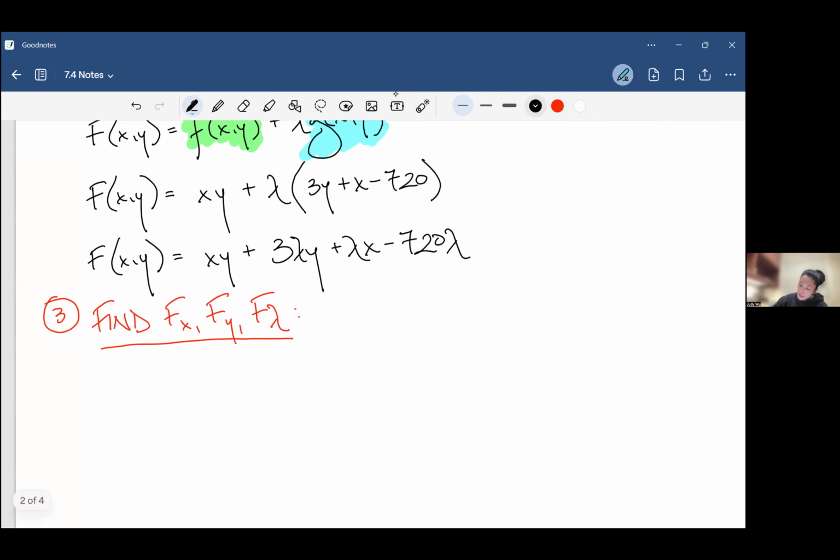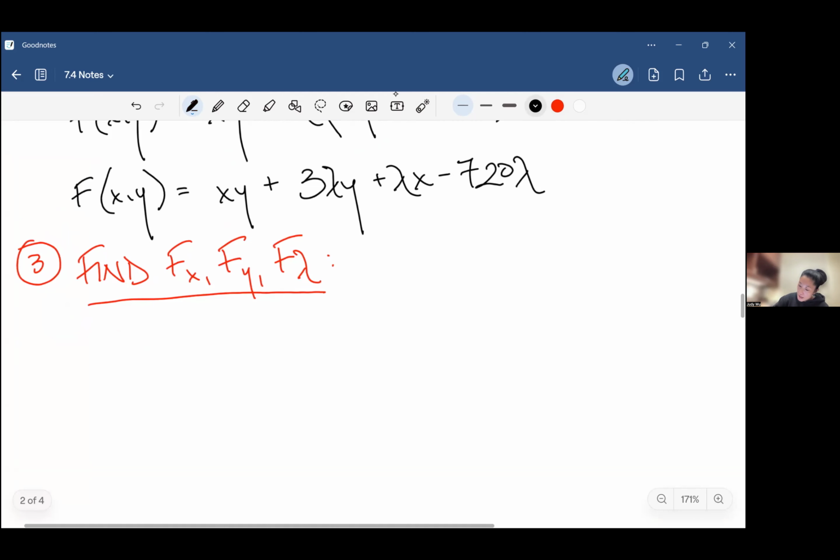Okay. So if I look at my equation, I want to take a partial with respect to x. That means everything else is considered a number. So fx equals, let's see, the derivative of xy will just be y. The derivative of 3 lambda y will go to 0.